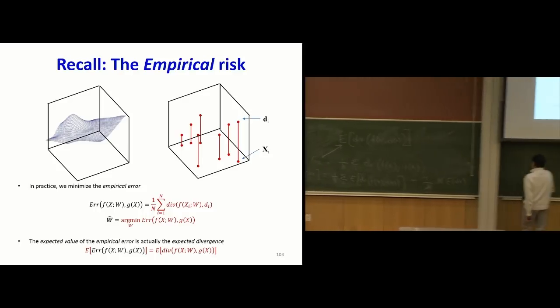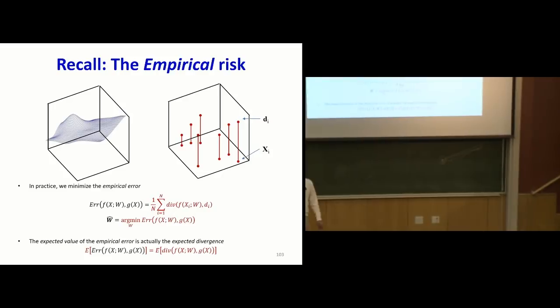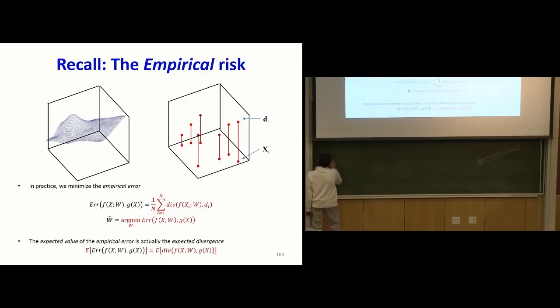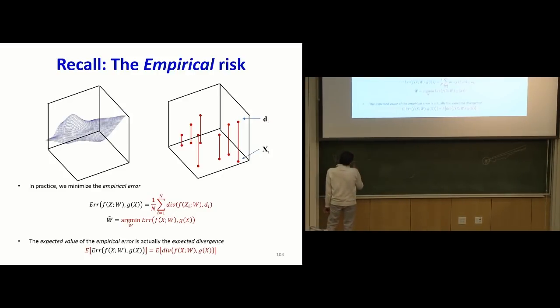If I consider the variance of the loss, I'm looking at the variance of 1 over n summation over i of the divergence, I'm just using a shorthand notation, right?